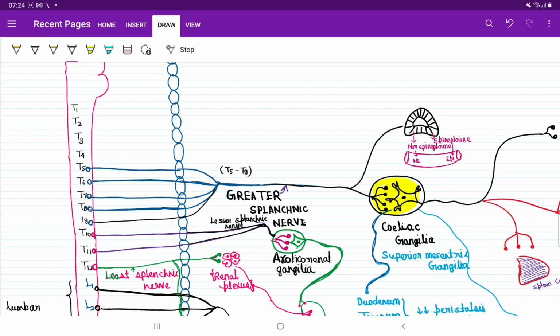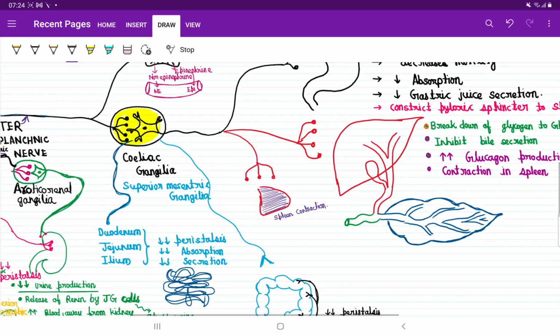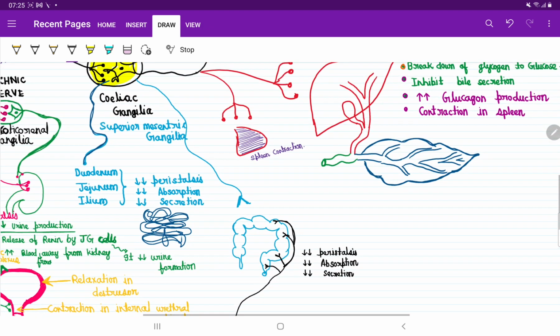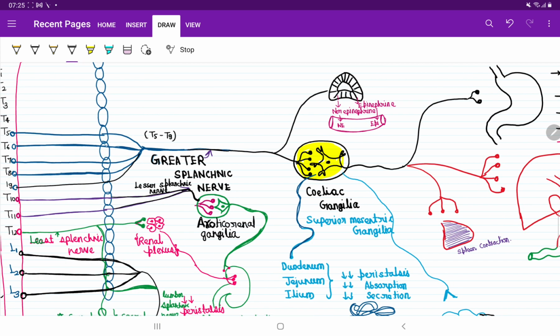This greater splanchnic nerve later forms the celiac ganglia, and the celiac ganglia supply the adrenal gland, small intestine, spleen, liver, pancreas, stomach. They supply our small intestine also. They supply our large intestine also. So the greater splanchnic nerve includes T5, T6, T7, and T9 spinal nerves.